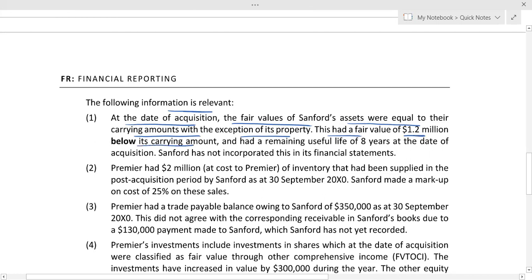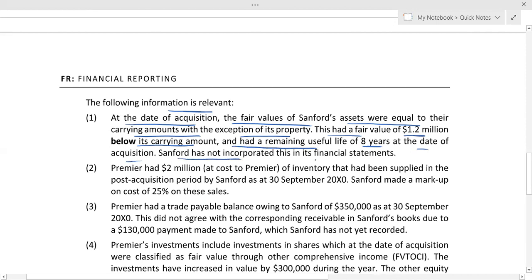Wow. There's a fair value adjustment, but if you read it properly, logically, it is not an increase in the value of property, plant and equipment. There is a decrease. You can say it's a negative fair value adjustment of 1.2 million. Had a remaining useful life of 8 years at the date of acquisition.